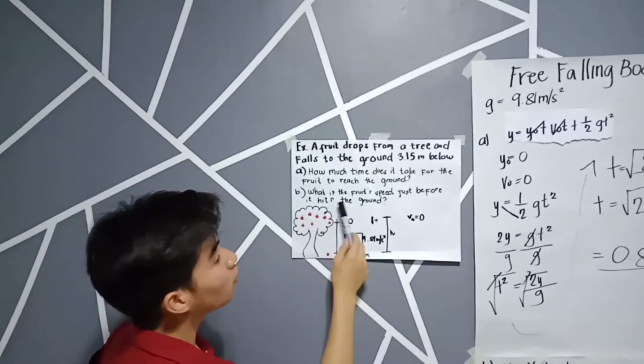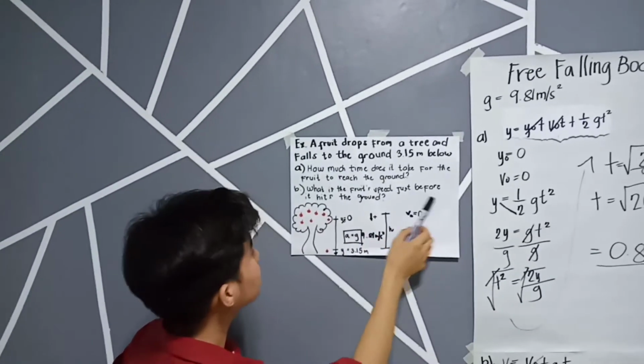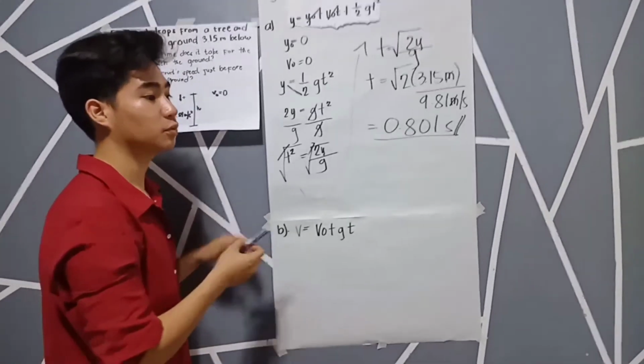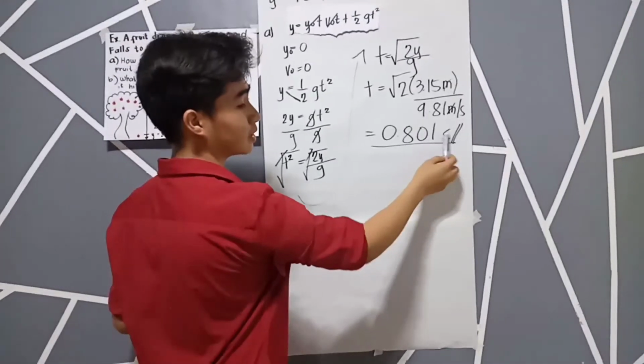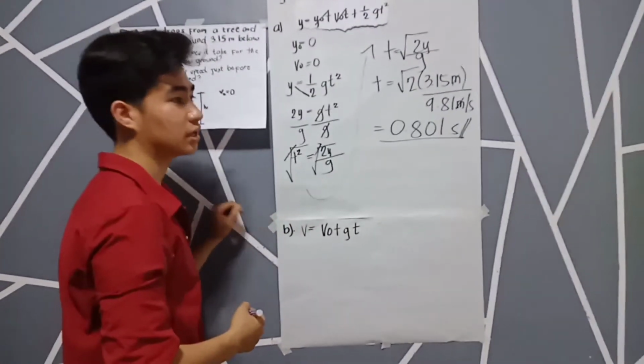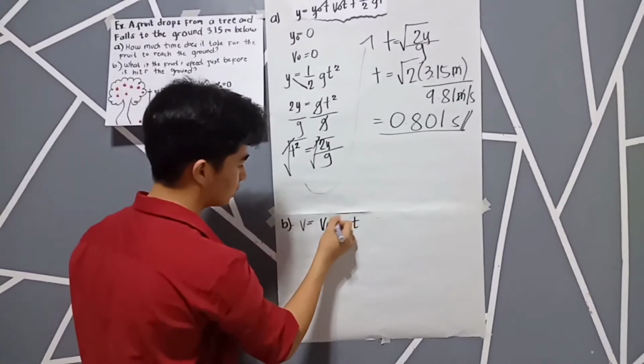For letter B, what is the fruit's speed just before it hits the ground? We already know the time, which is 0.801 seconds, so we can solve for v. The initial velocity is 0, so we can cancel this.